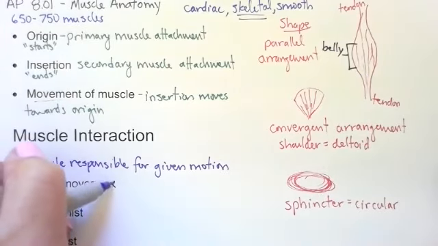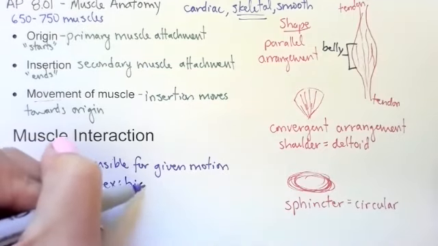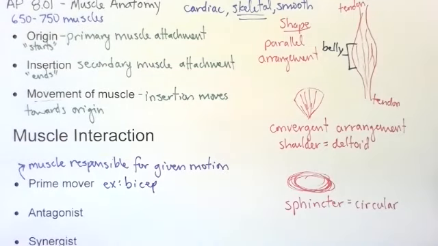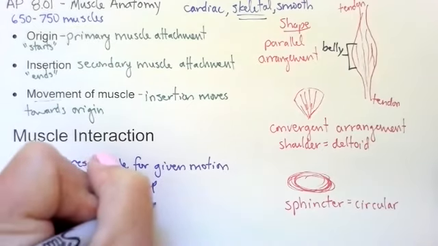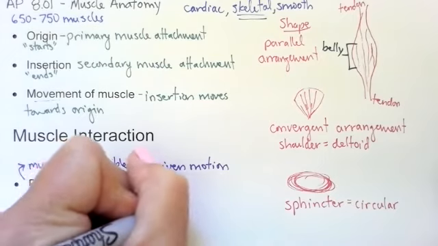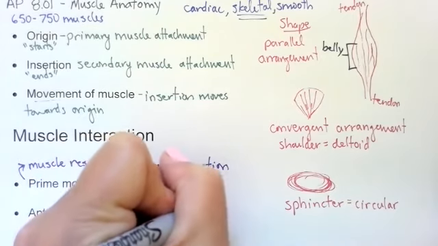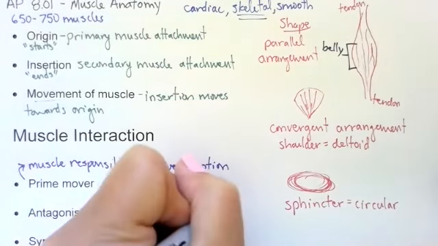So let's do an example here. If your bicep is the prime mover, the muscle that's going to undo that motion, or works in opposition to the prime mover, we say the antagonist.